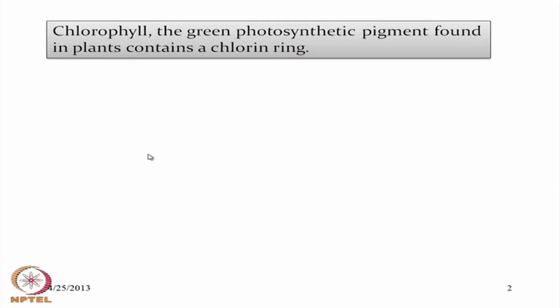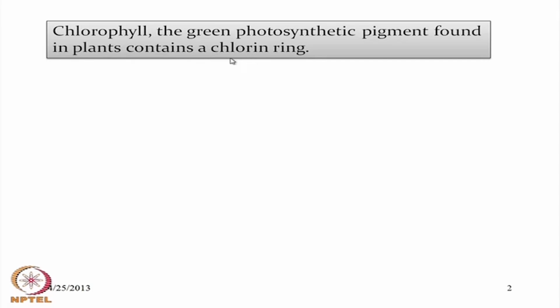The next one, the second one, well known to us, is chlorophyll, the green pigment which is responsible for photosynthesis in plants. So, this green photosynthetic pigment in the plants contains a chlorin ring.